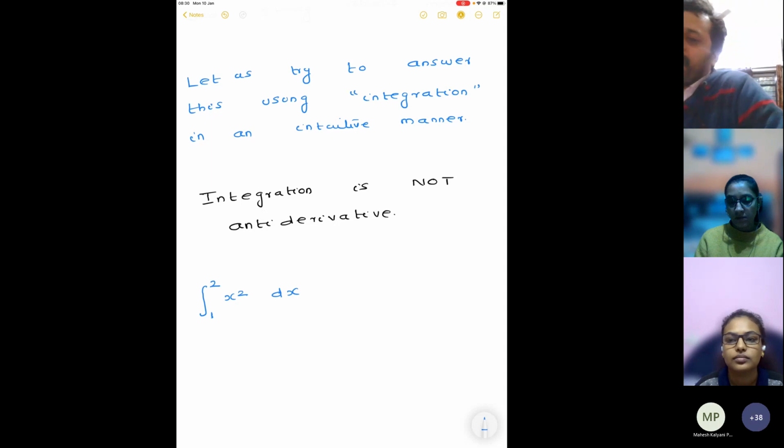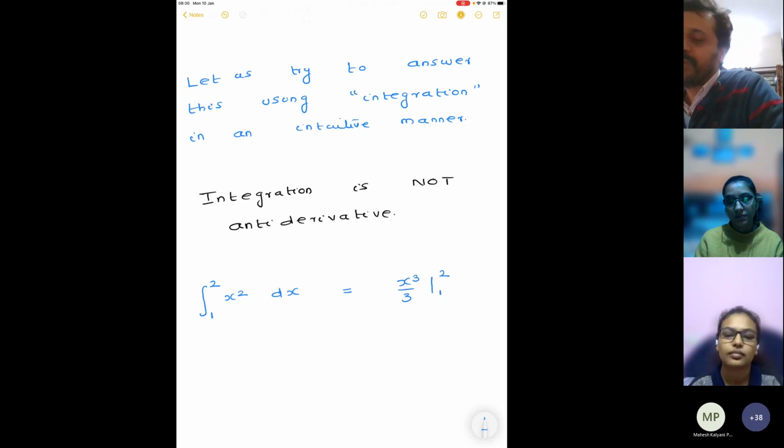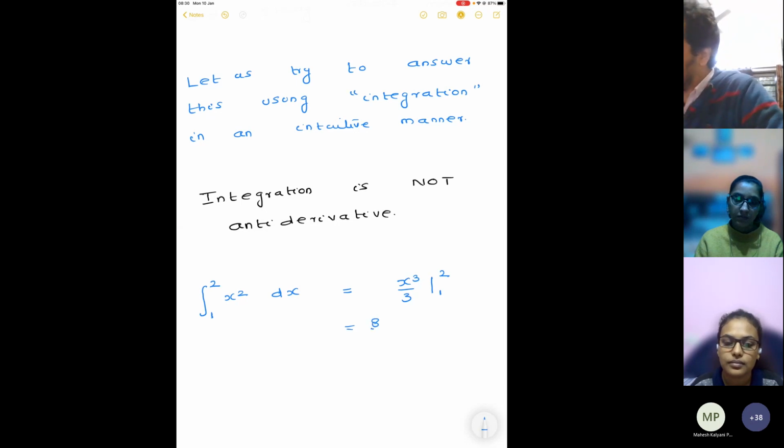We will find one function whose derivative is x square. That function is called antiderivative of x square. There may be several functions. One such function we know is x cubed by 3. So let us take that antiderivative and then we will compute it at 2 and compute it at 1 and find the difference. So if I am making some mistake, you can say: 8 by 3 minus 1 by 3. I suppose this is 7 by 3.